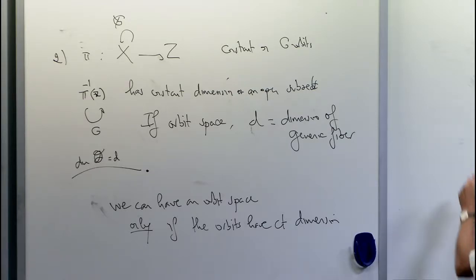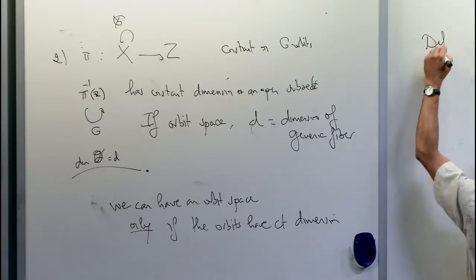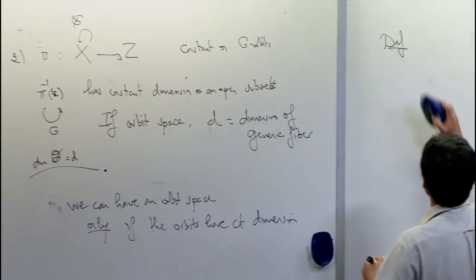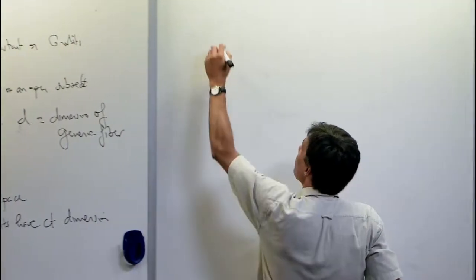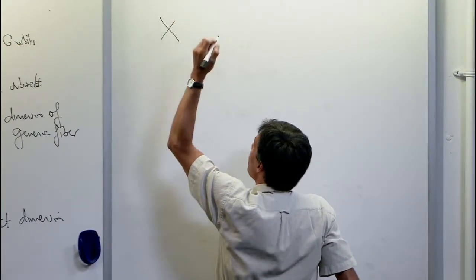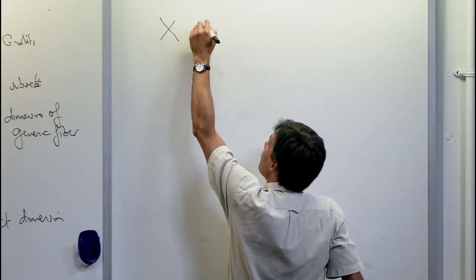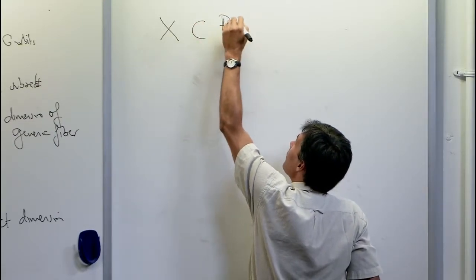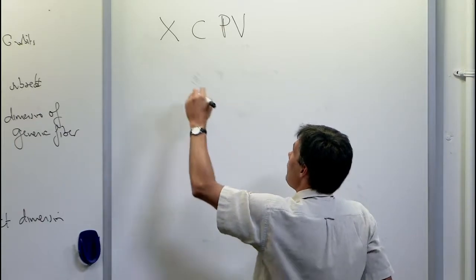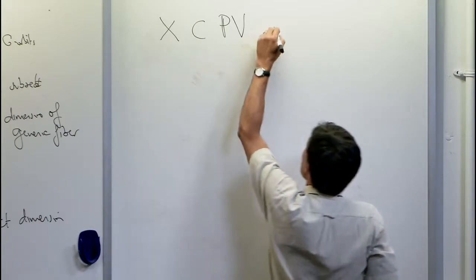So the definitions are, maybe let's take the context. The theory is what we have for projective varieties, let's say. So we take a projective variety.